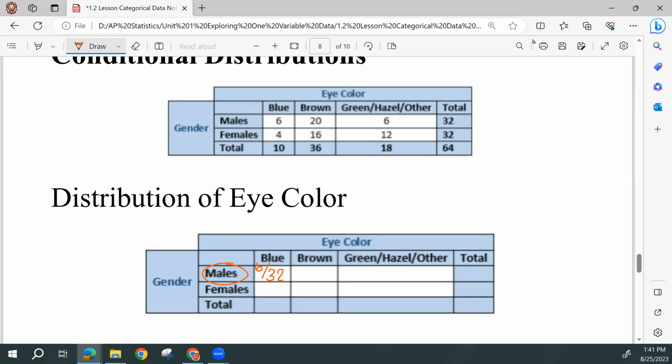And then brown and other. And we can do the same thing for females. So we're seeing how the eye color is distributed with the condition that we only look at male participants. We could also look at how the eye color is distributed if we're only looking at the condition that we are choosing the female participants.